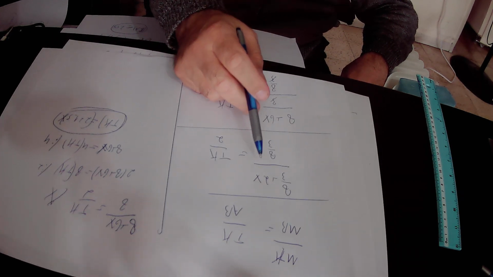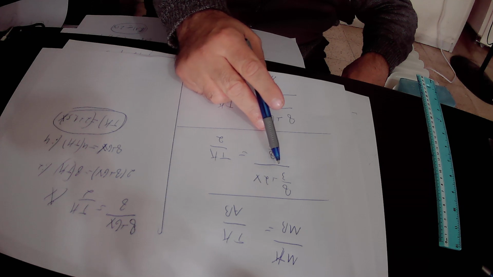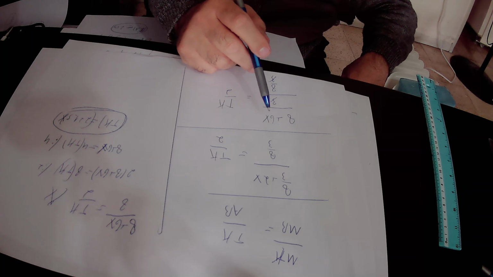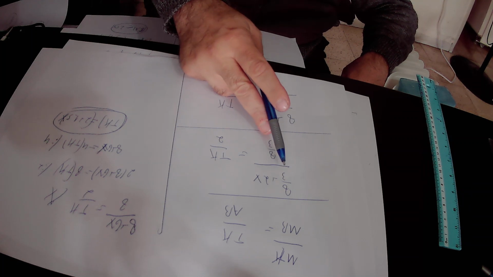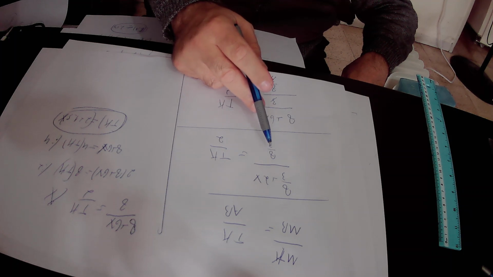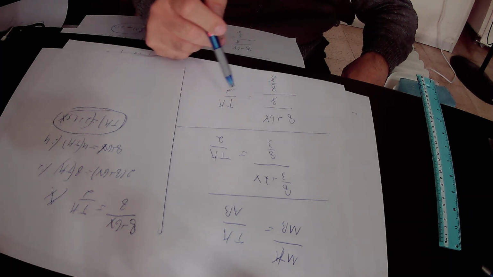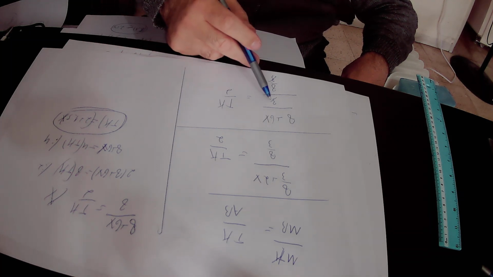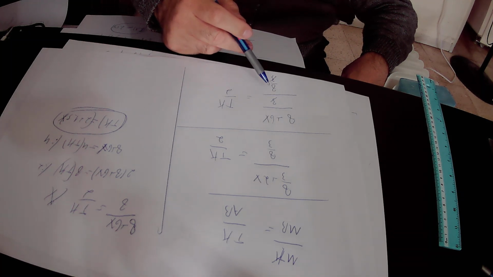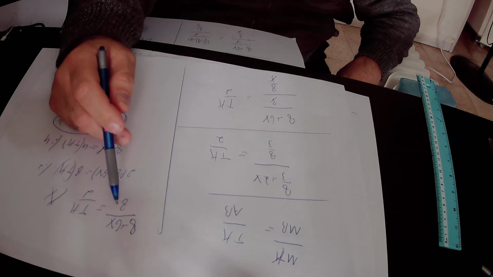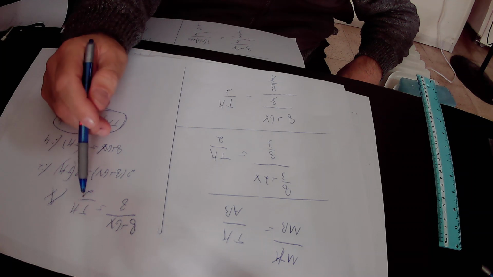We multiplied 2x by 3 and then we divided by 3 in order to have a common factor with 8 over 3. So in the numerator we have 8 plus 2x times 3 is 6x, over 3, over 8 over 3, equals TK over 2. We have 3 in the numerator, 3 in the denominator, so 3 will get cancelled, and we are left with 8 plus 6x over 8 equals TK over 2.